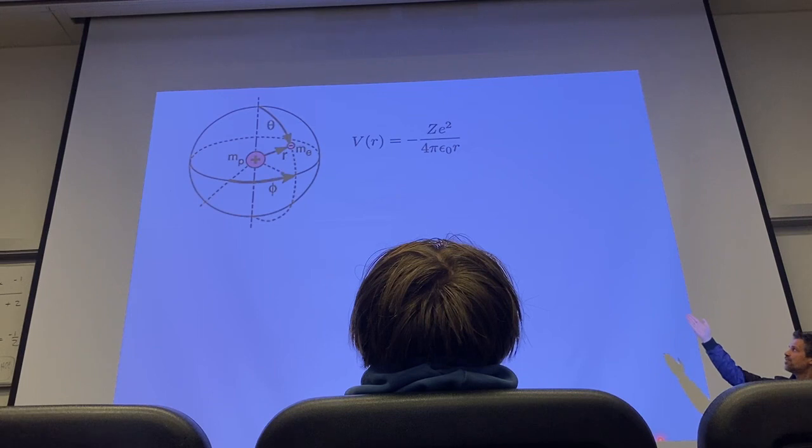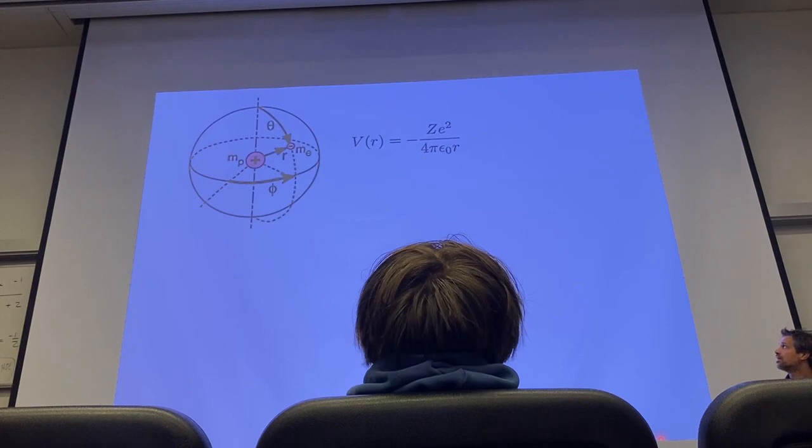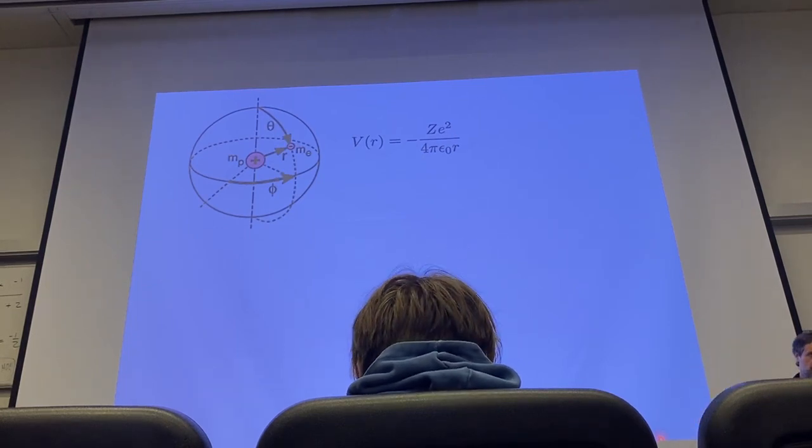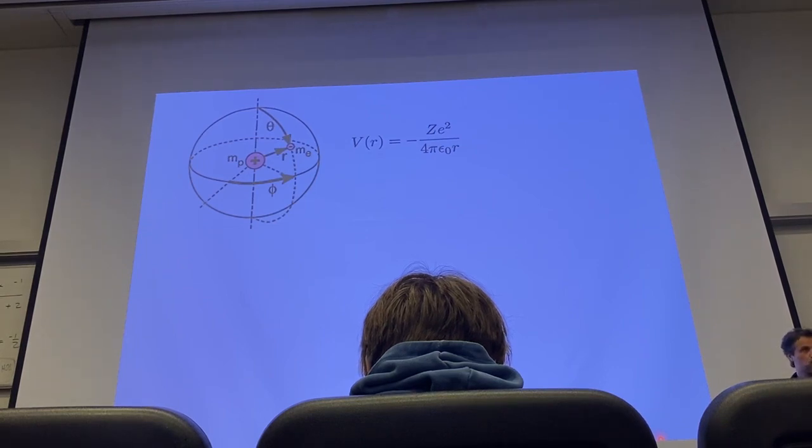And this V of R is the potential of that attraction, okay? What you can see is it scales as 1 over R. That is a Coulombic attractive force between oppositely charged particles, 1 over R. And then there's a couple of constants in there. Let's walk through those. Z is simply the charge of the nucleus, okay, which is 1 in the case of hydrogen. So that's simple.